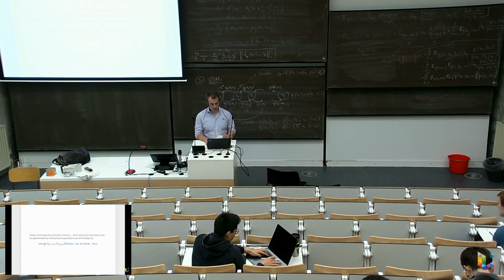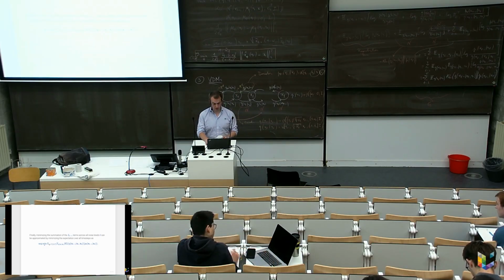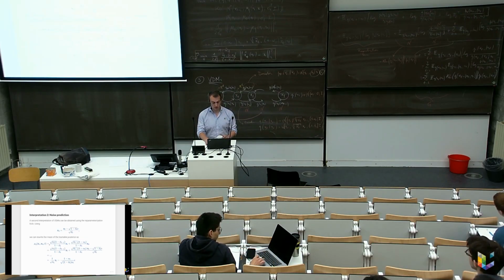Okay, so that was the first interpretation. There are actually two more interpretations. I will not develop everything as I did for the first one, but the second one is quite easy to understand.